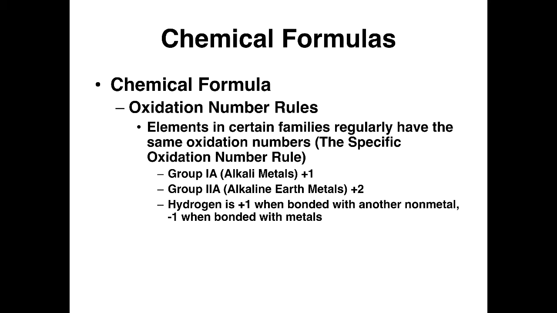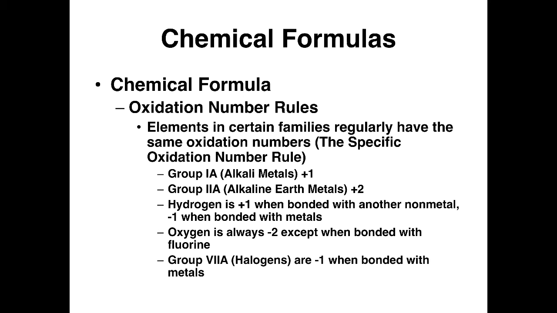Hydrogen is +1 when it's bonded with another nonmetal, such as chlorine or fluorine or bromine or oxygen, etc. But it has an oxidation number of -1 when it's bonded with metals such as sodium, potassium, etc. Oxygen is almost always -2, except when bonded with the highly electronegative fluorine. And group 7A, the halogens, are -1.